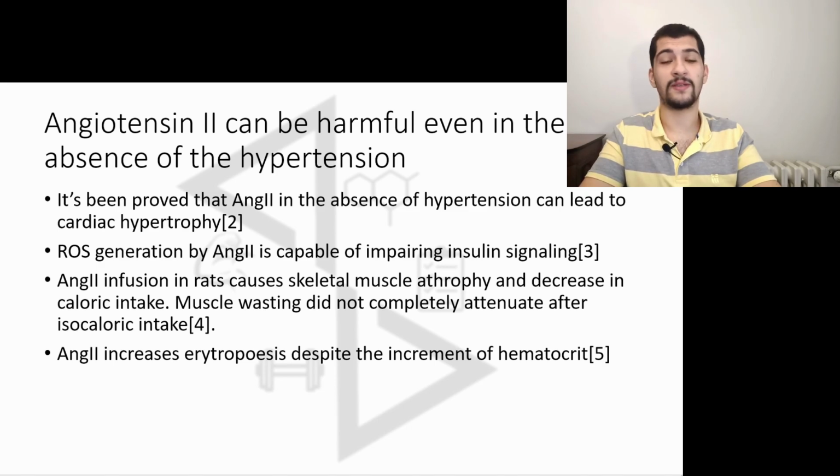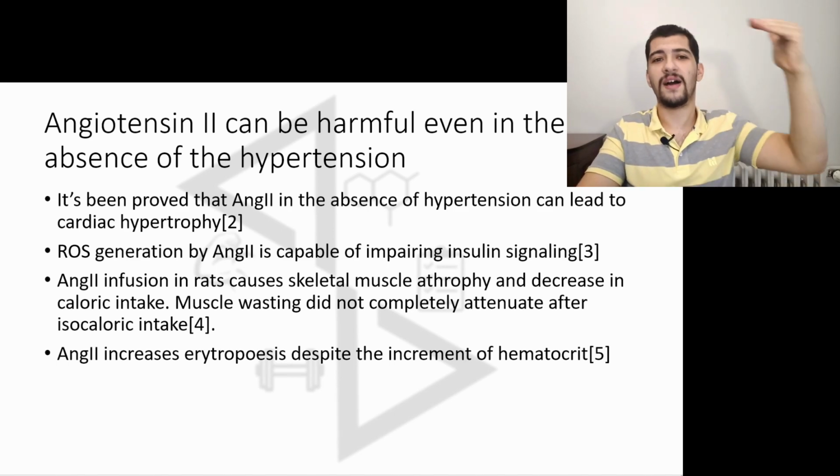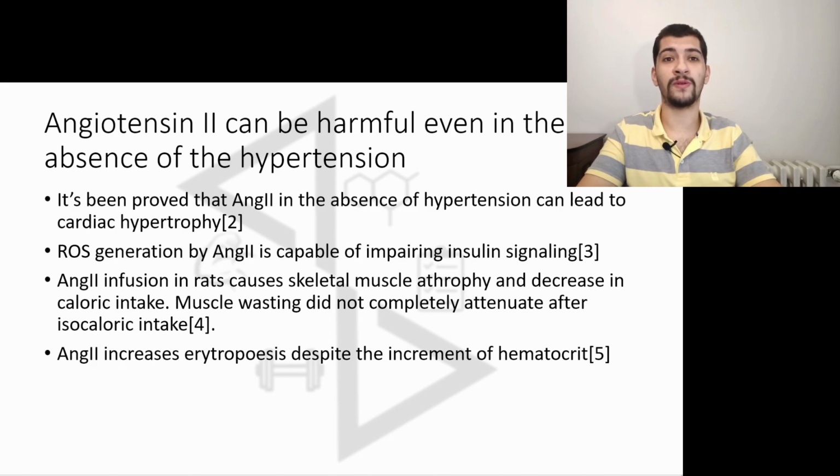Your body is going to produce less erythropoietin. But angiotensin 2 can increase erythropoiesis despite having even higher hematocrit levels.